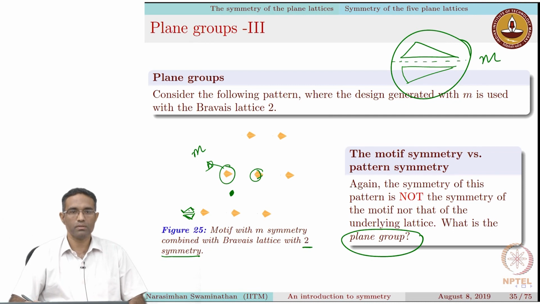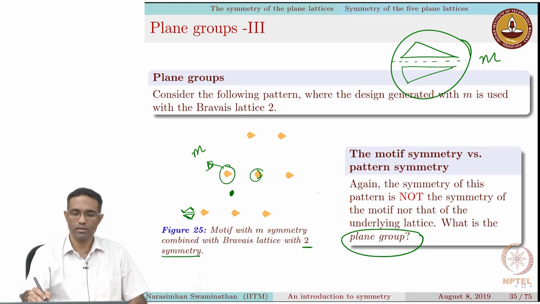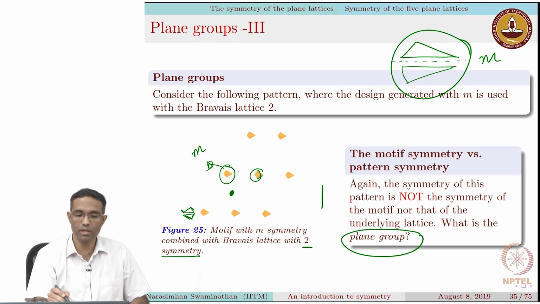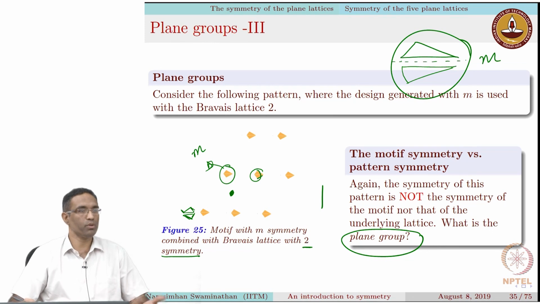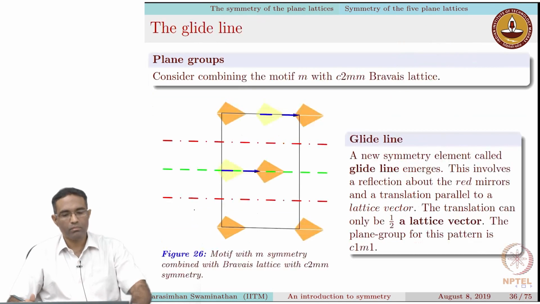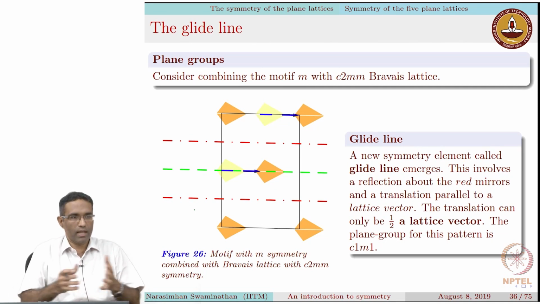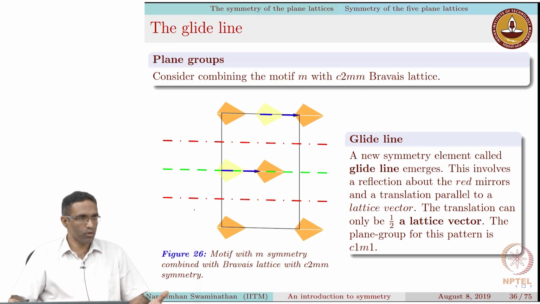Is there a mirror? There are no mirrors. So what is the symmetry? 1. So in this case, combining this mirror with 2 produced a pattern where the only symmetry is 1. Okay. So in this manner, it's possible for you to identify or classify the various plane groups into 17 different categories.